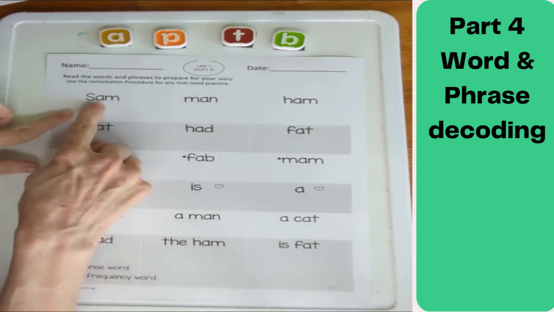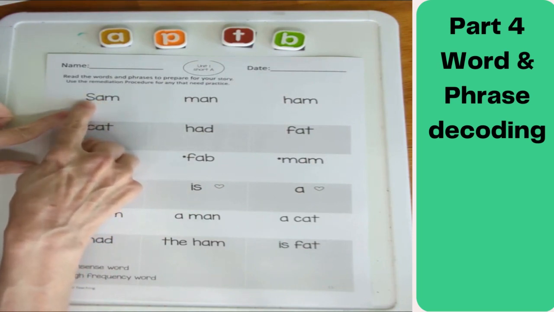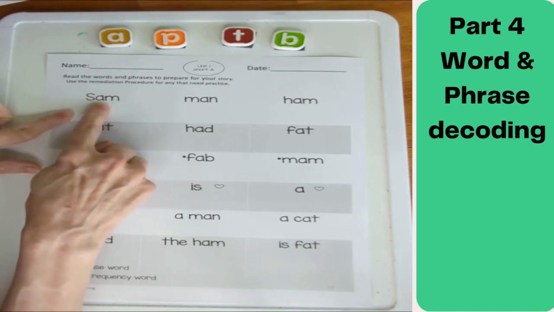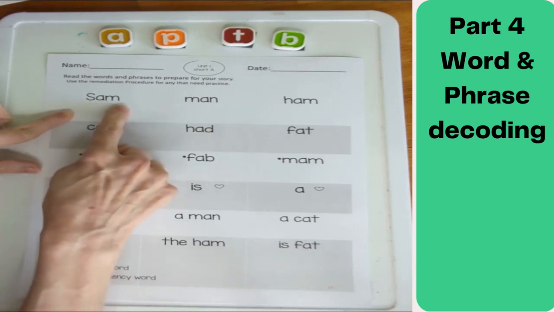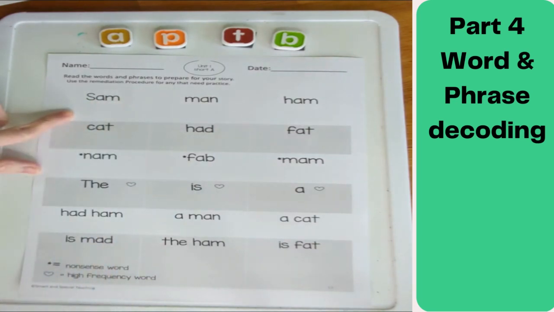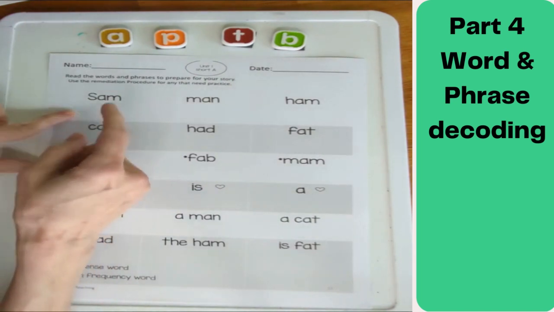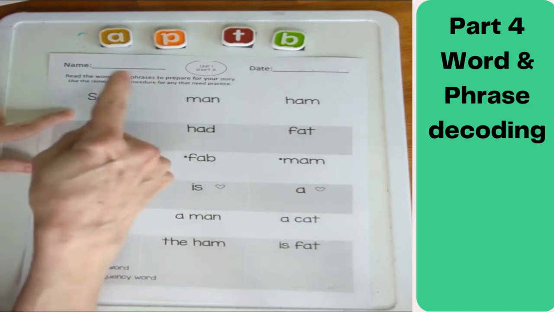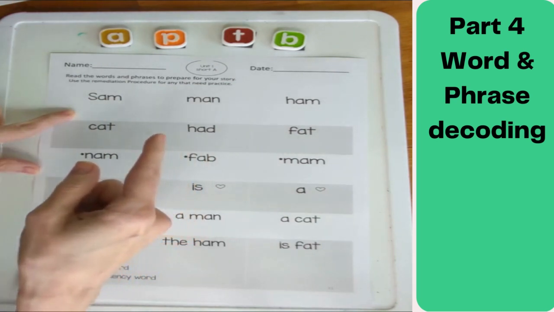Again, we're not saying that this is to be memorized. We're still breaking it apart. They know this is am and this is sam. So it's two different ways to do it. They're both basically giving the student the ability to chunk that together and blend it together instead of three separate sounds.